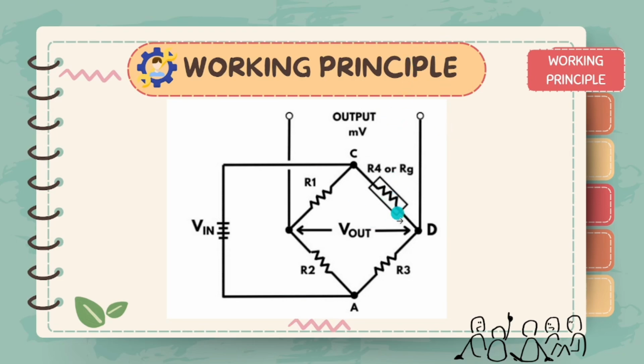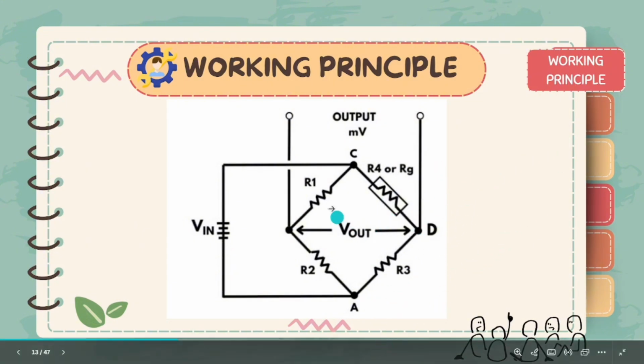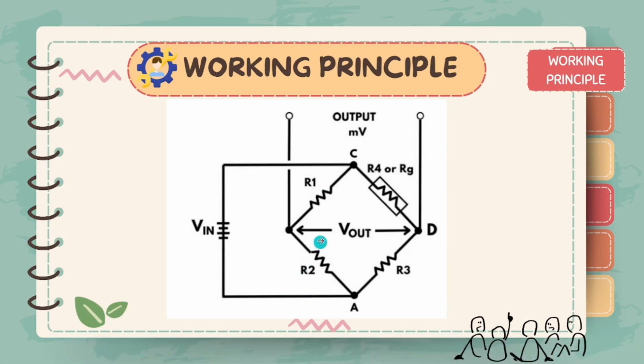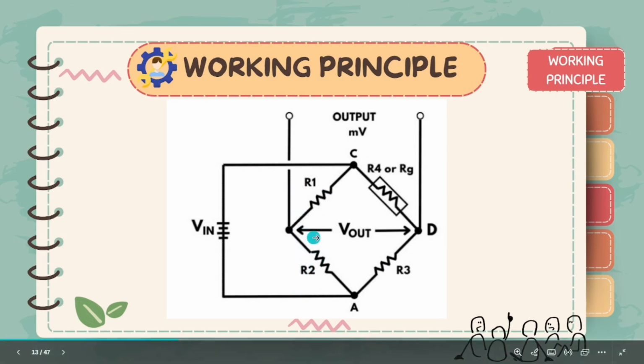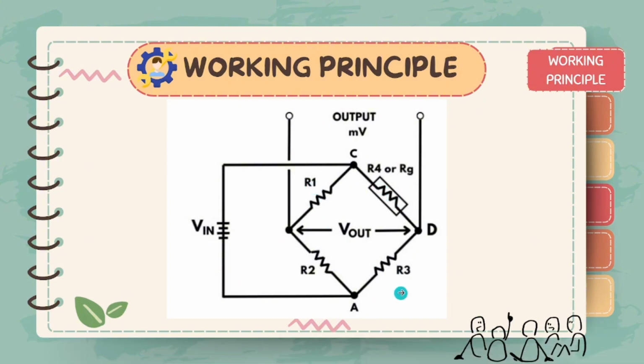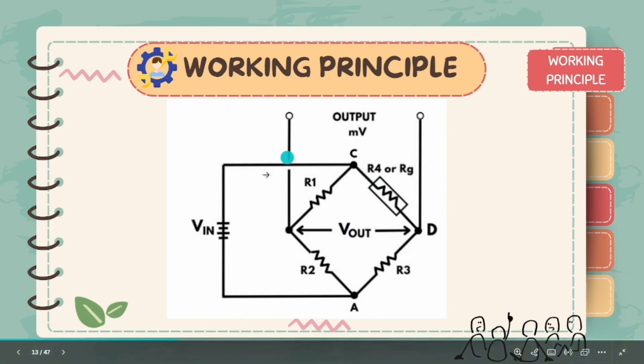On the left pair we have R1 and R2. R1 and R2 create one midpoint voltage, and on the right pair we have R4 and R3, which also create another midpoint voltage. So this meter measures the difference between these two midpoints. Here is where we will measure our voltage.